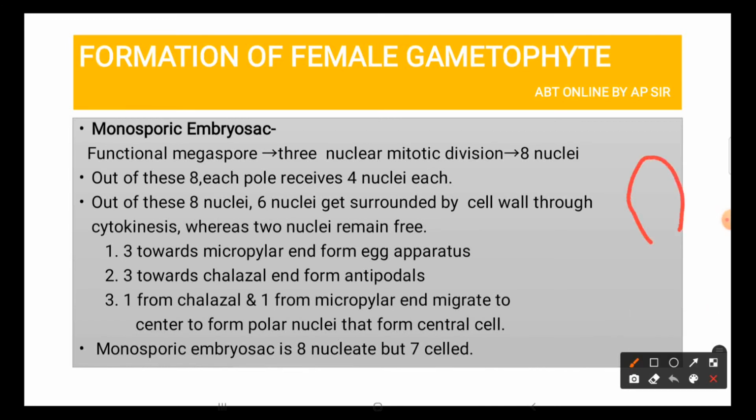If we draw the picture, it will look like this. Embryo sac, got it. So, 3 towards the micropylar end form the egg apparatus, 1, 2, 3, then 3 towards the chalazal end form the antipodal cells, then 1 at the center forms the central cell. Now, if we go into the details of the structure of the egg apparatus, it consists of a central egg cell and 2 peripheral synergids.